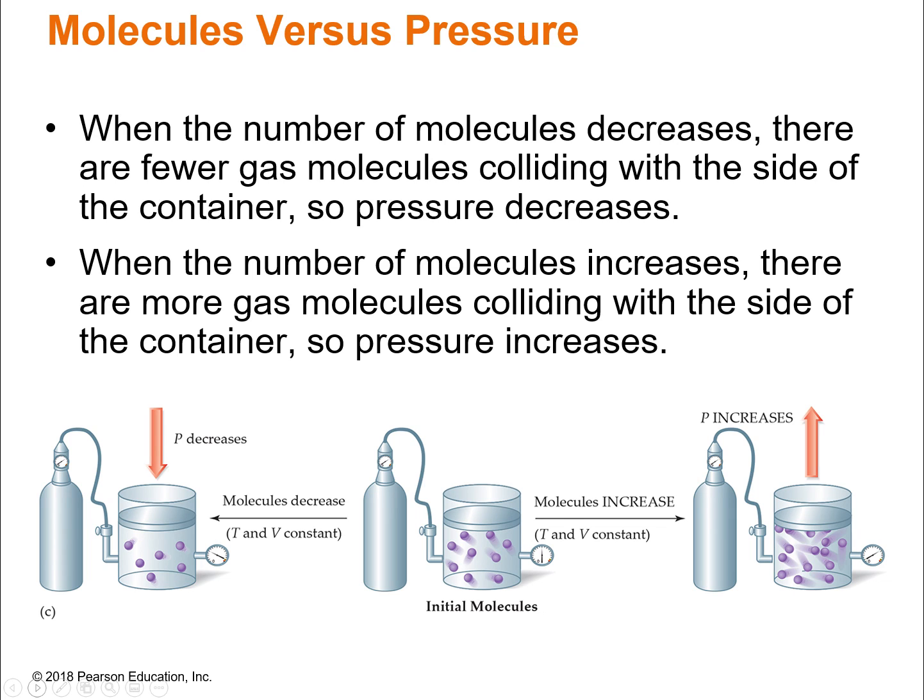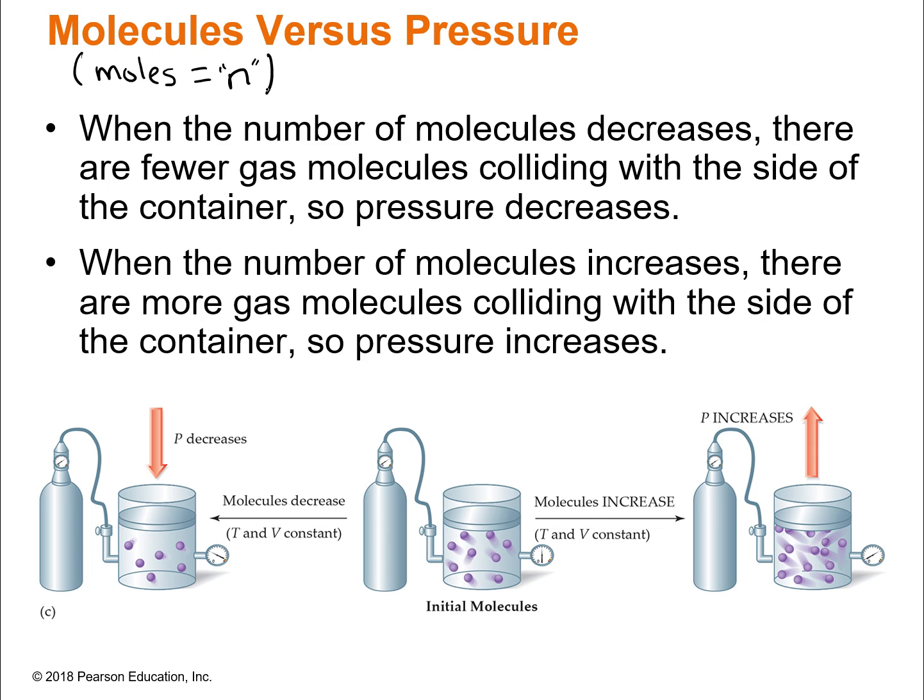The last relationship we're going to talk about with pressure is molecules and pressure. Another way that we can talk about the number of molecules of something is how many moles, which in the world of gases is n.